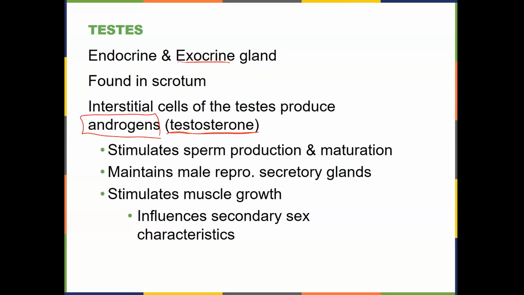Testosterone stimulates sperm production, also sperm maturation, helps maintain the secretory glands within the male reproductive system, and stimulates muscle growth, thereby influencing the male secondary sexual characteristics of greater muscle mass, but also increases the growth of stiff hair or stiff fur. Actually, the doctors call it fur. It's kind of funny. On the face and the chest of males. Again, another secondary sexual characteristic. All right, that is the end of chapter 17.